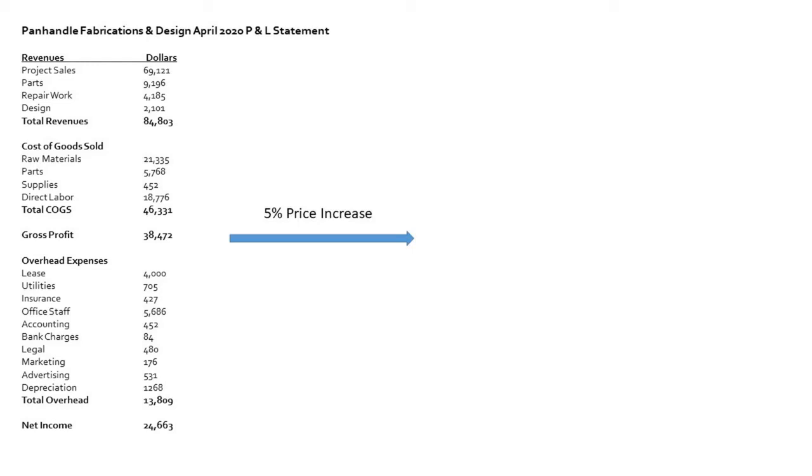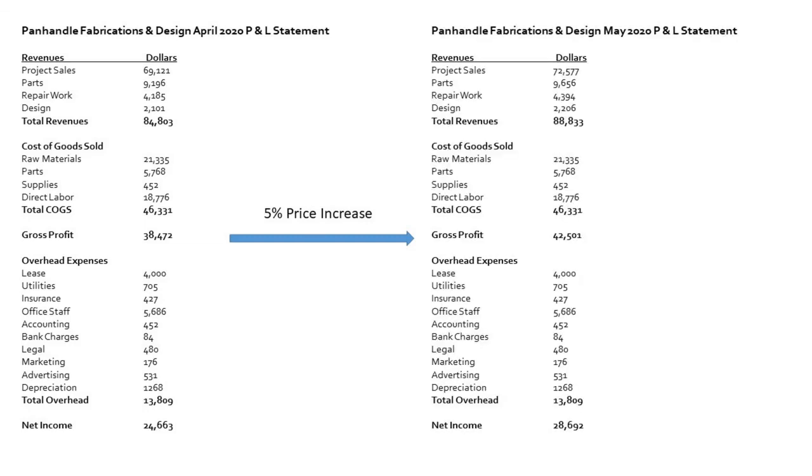Now, assuming that our sales volume doesn't change, then this would lead to the following profit and loss statement, say for May of 2020. And what you notice here is, because of the price increase, revenues have gone up by about $4,000, again assuming equal sales volume. Cost of goods sold has stayed the same, and so gross profit has gone up by $4,000 also.